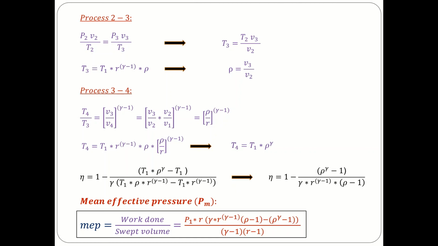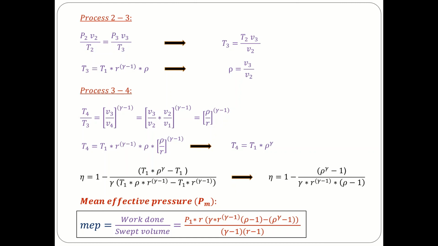So if I divide numerator as well as denominator by V2, I will get V3 by V2 into V2 by V4. V4 is same as V1, so I have substituted V4 as V1, and V3 by V2 is the cutoff ratio, and V1 by V2 is the compression ratio. So if I substitute that, I will get rho by R raised to gamma minus 1. So T4 by T3 comes out to be rho by R raised to gamma minus 1.